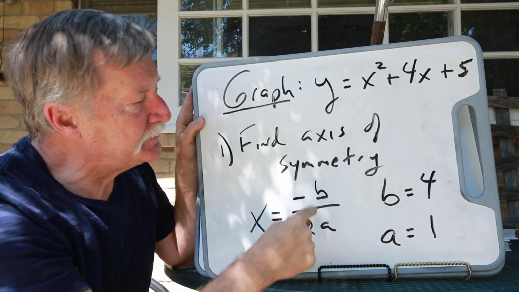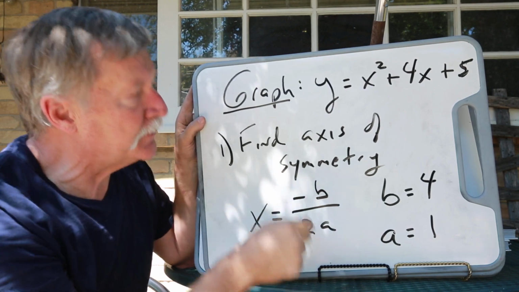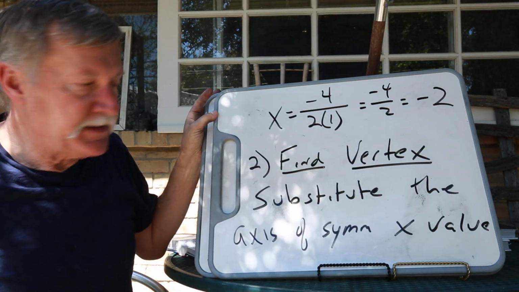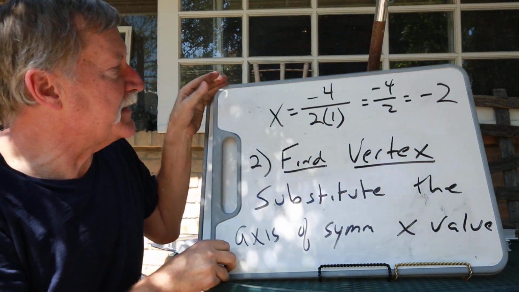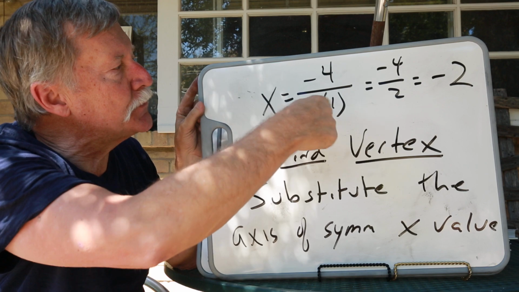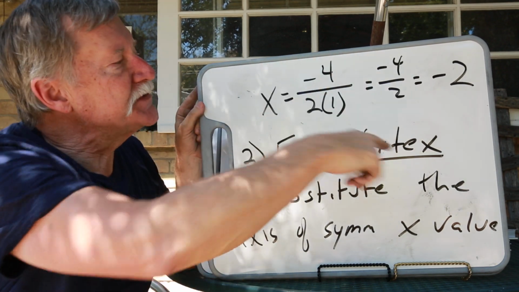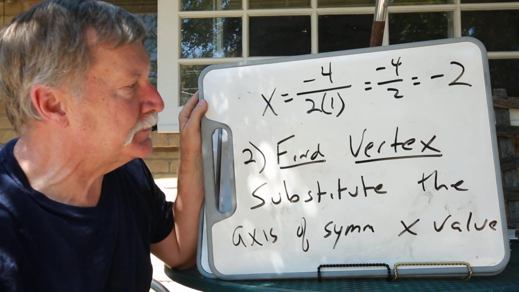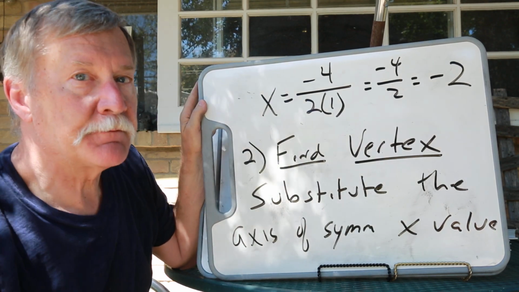We substitute 4 for b and 1 for a so that we can get the axis of symmetry. In this case, minus 4 over 2. In other words, the axis of symmetry here is x equals minus 2. That's the first step.